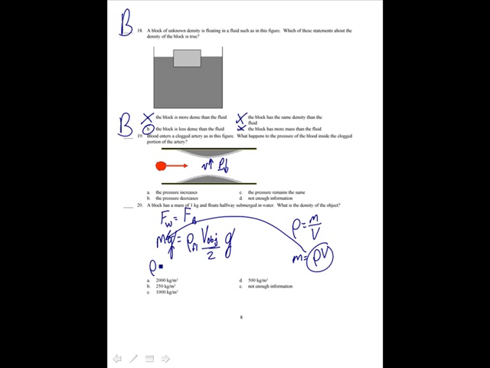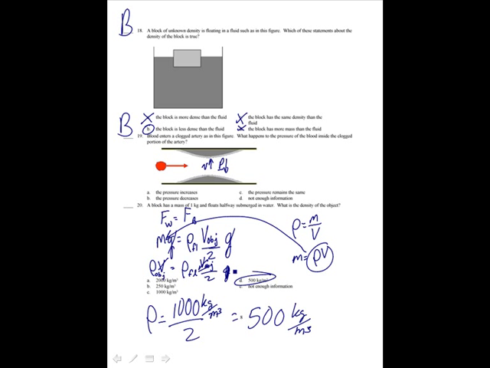So we have density times volume, this is the density of the object, which is what we want to know, is equal to the density of the fluid times the volume of the object over 2, times our g's cancel. Alright, and so our volumes cancel, and our density of the object is just equal to the density of the fluid over 2. So that's 1,000 kilograms per cubic meter over 2. That's 500. Which is number 20 then is D.